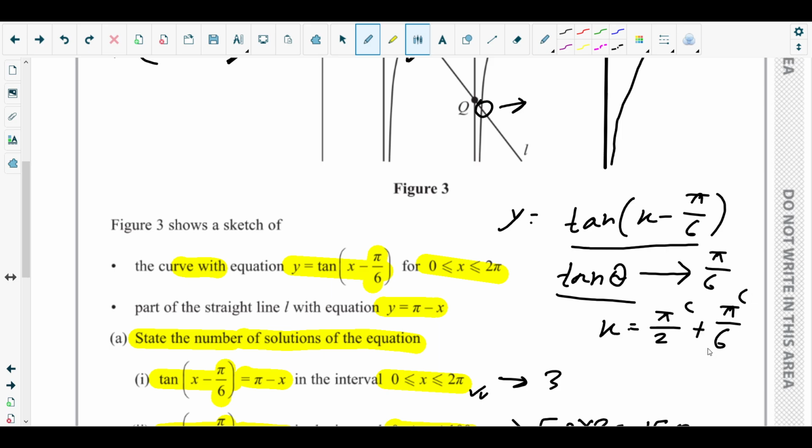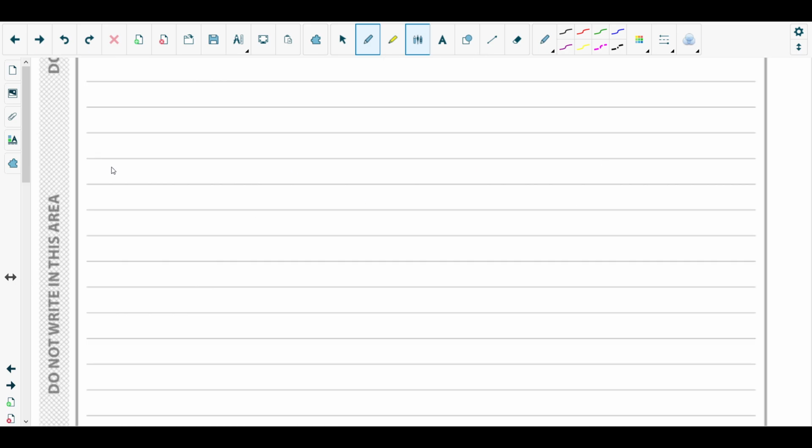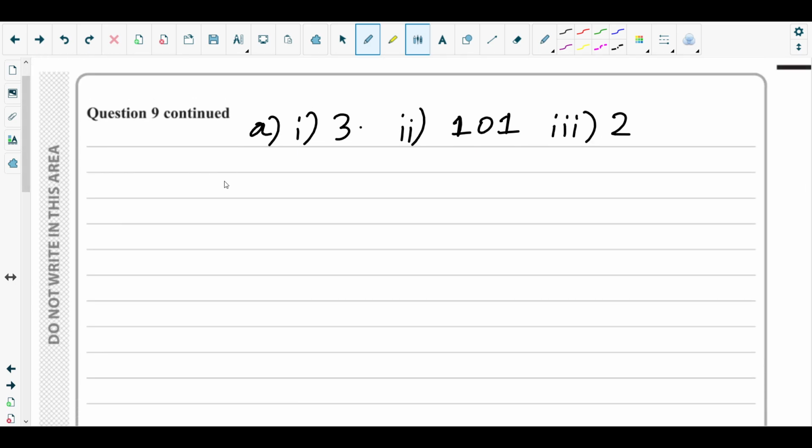So pi over 2 plus pi over 6, that is basically 90 degrees plus 30 degrees, 120 degrees. So 120 degrees is basically 120 times pi over 180. So that is basically 2 over 3 pi radians. Okay, so the value of a, x equals a, is what? 2 over 3 pi radians.